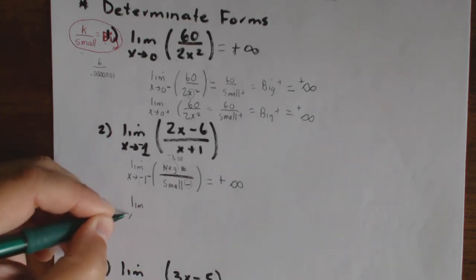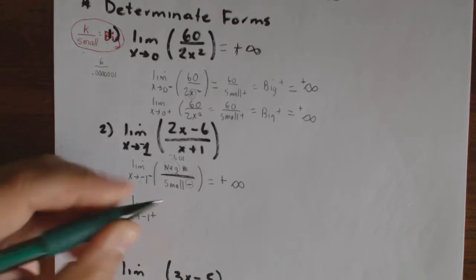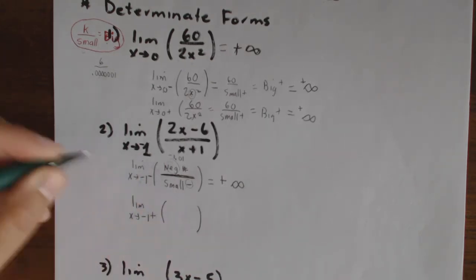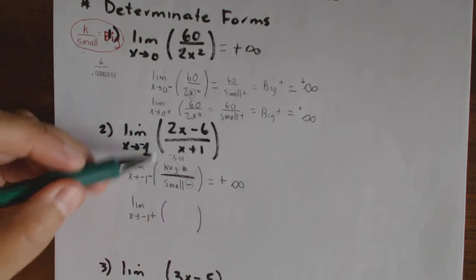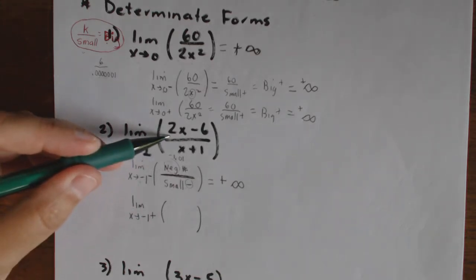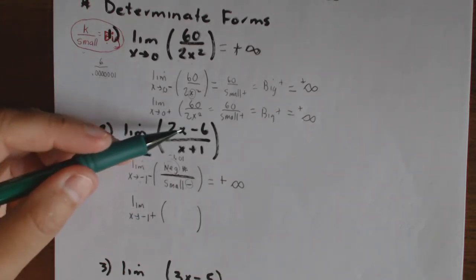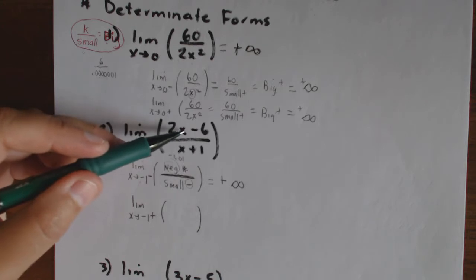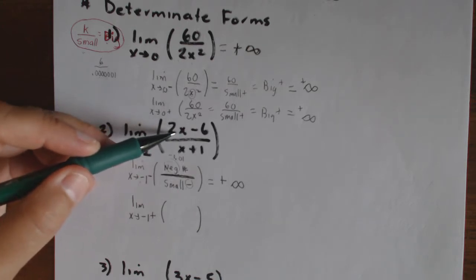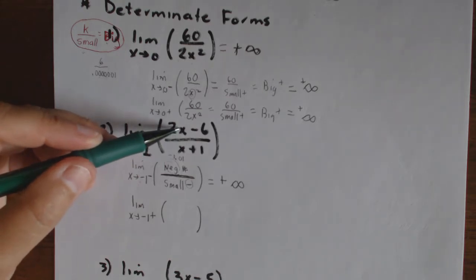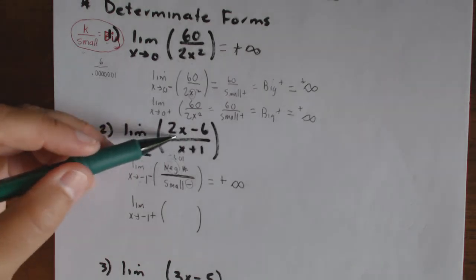Okay, now we need to do the same thing, negative 1 from the right. If I put in a number close to negative 1 approaching from the right, like if I put in 0, I get a negative.